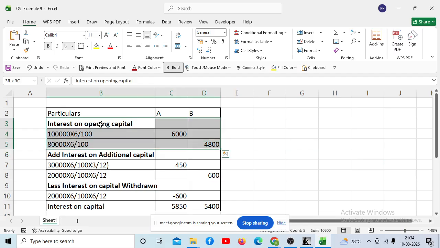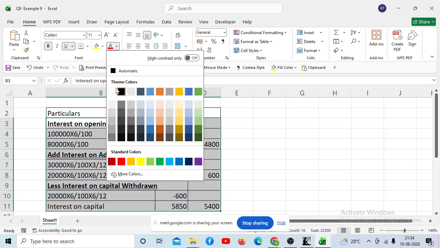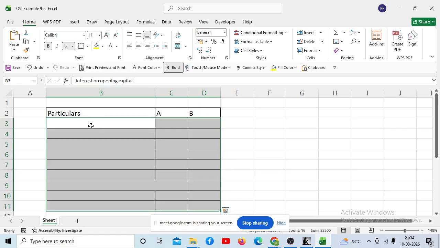Okay, just draw these columns. Particulars, and there are two partners, A and B. Once your columns are ready, please tell me it is done.